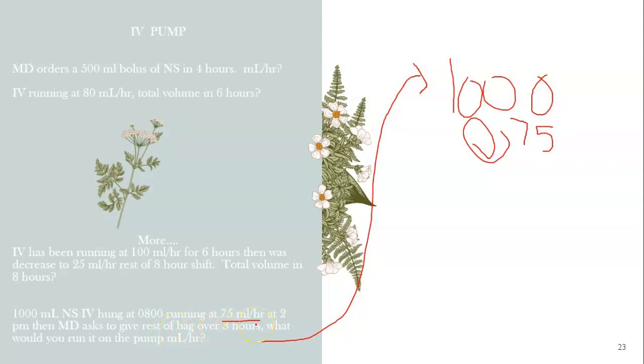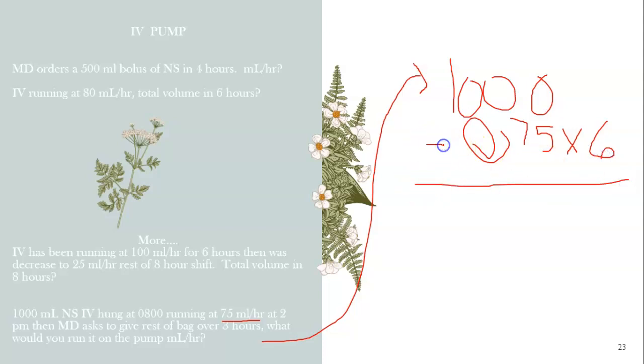Oh, hold on. Shoot. So at 8 a.m., it's running at 75 an hour, and then at 2 o'clock, he tells me. So how many hours was it running at 75? 9, 10, 11, 12, 1, 2. So 6 hours of time it's been running at 75 an hour.